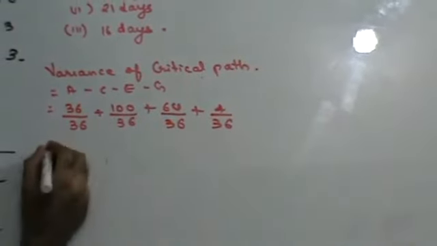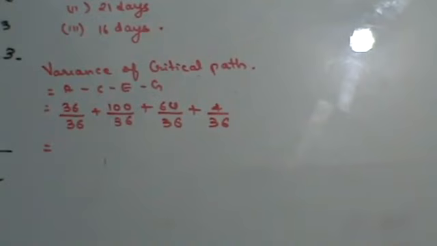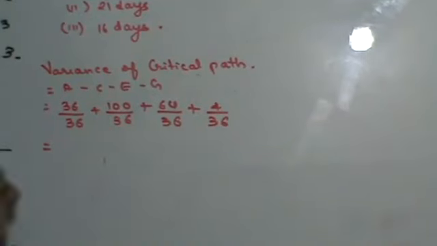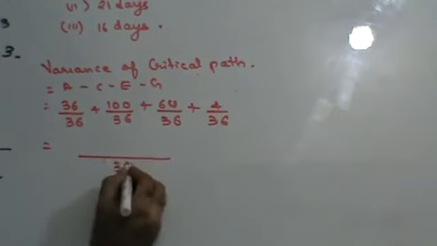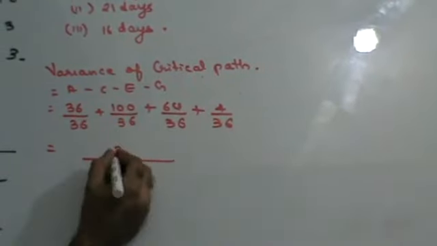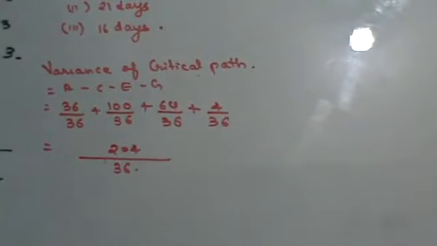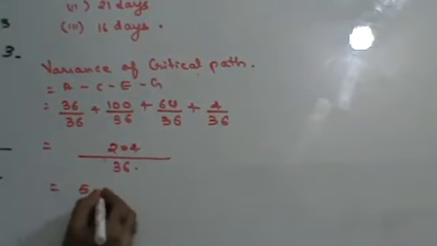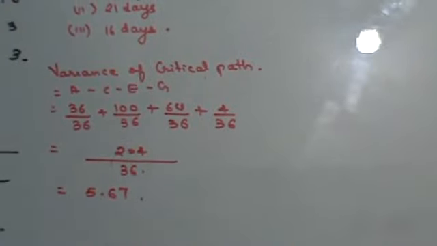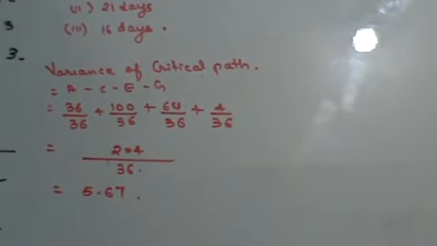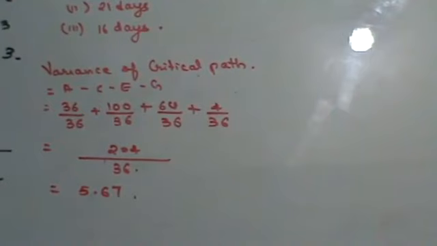The reason why I didn't do cancellation when I was making the timetable is because I wanted 36 as my common denominator. This is 204 upon 36, which I presume is 5.67. So my variance of the critical path is 5.67 days.